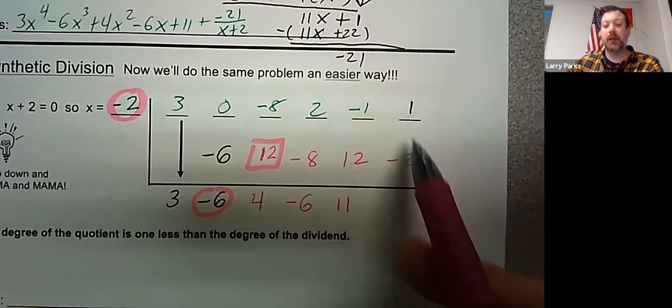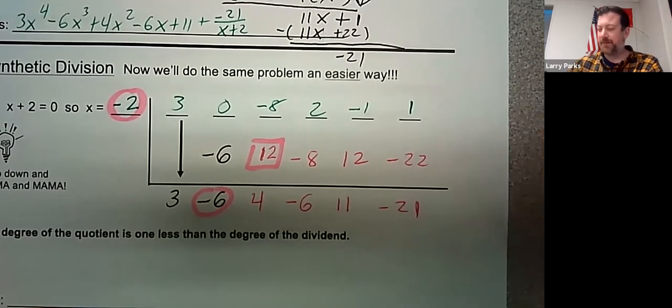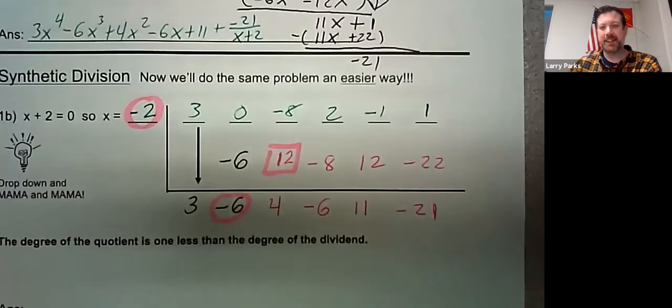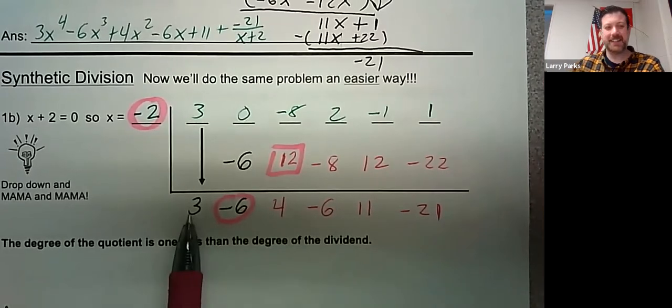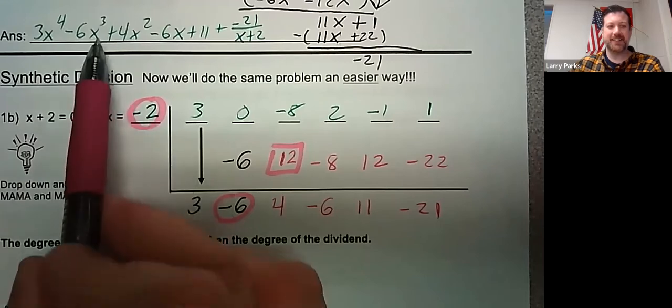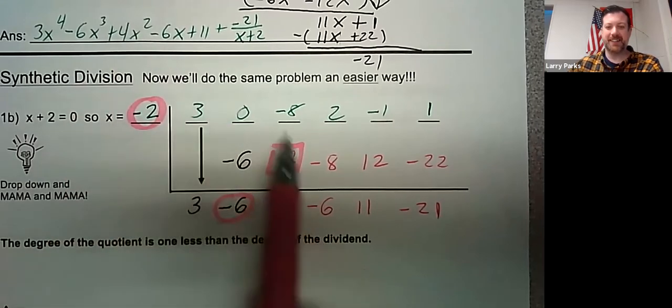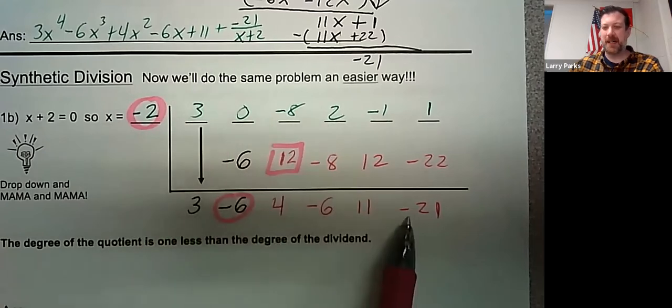And then I add 1 plus -22 is -21. Now I want you to look at these numbers. 3, -6, 4, -6, 11, and my remainder.